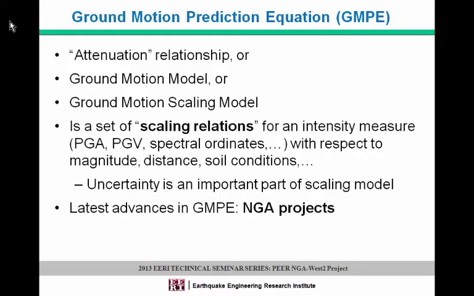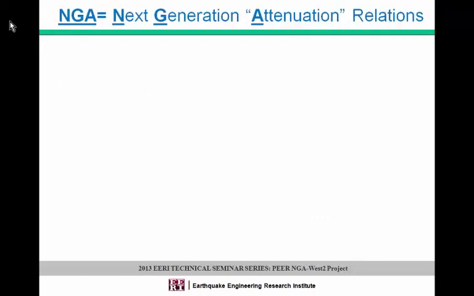The latest developments and advances in GMPE are really coming from NGA projects. NGA, you know it, but just in case, is next generation attenuation. I told you that we don't like the attenuation term, but again, 12 years ago, someone in our community started this one.